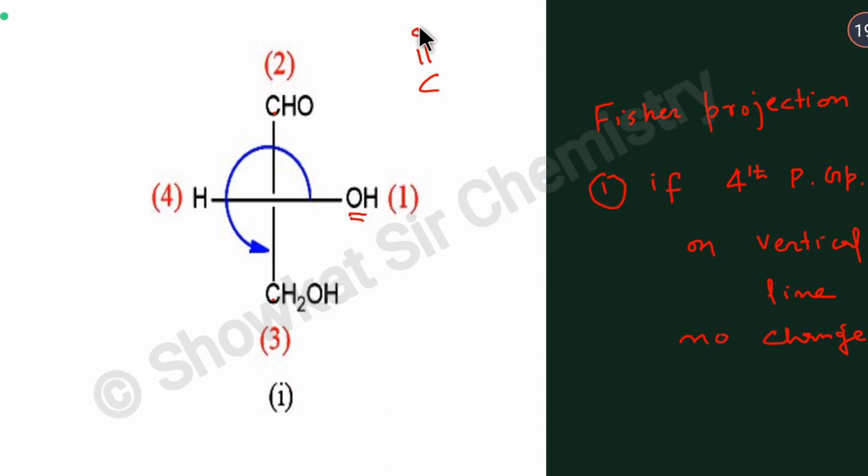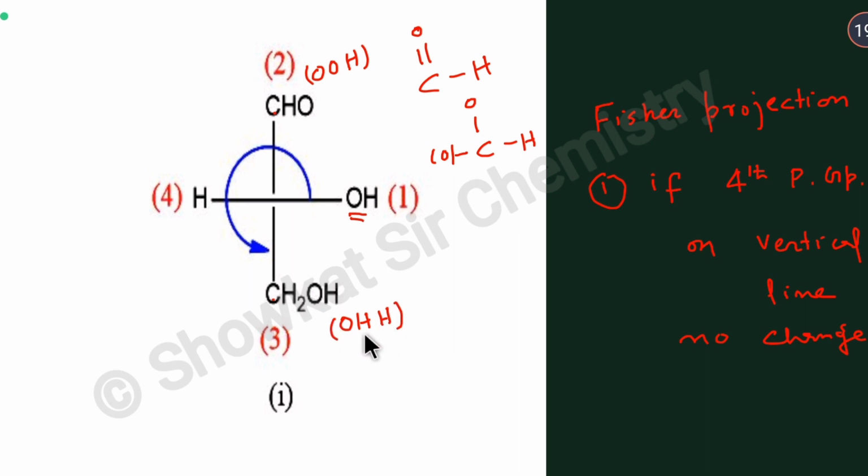It is C double bond O and H. As I already told you, a double bond is treated as two separate single bonds, so you have to write it like this: single bond O and then again single bond O, and then we have here H, right? So it is O, O and H. But here to this carbon we have oxygen and 2 hydrogens, so you will write oxygen, hydrogen, hydrogen.